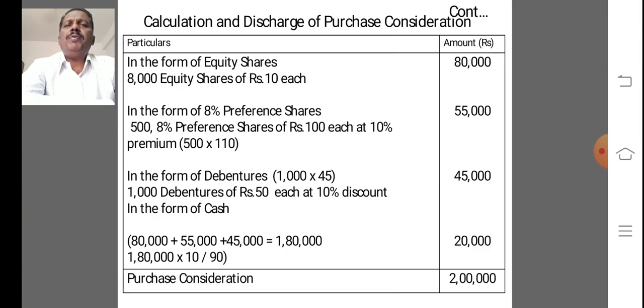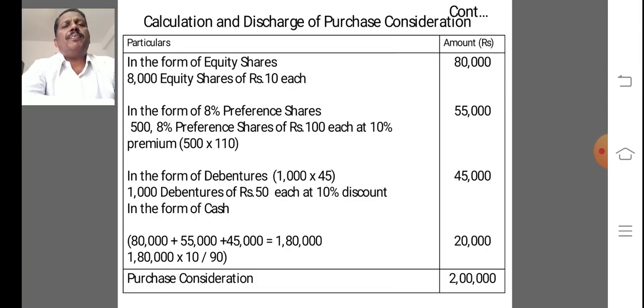Next, in the form of debentures, 1,000 debentures of rupees 50 each at 10% discount, that is 5 rupees deducted, and 1,000 into 45, 45,000.